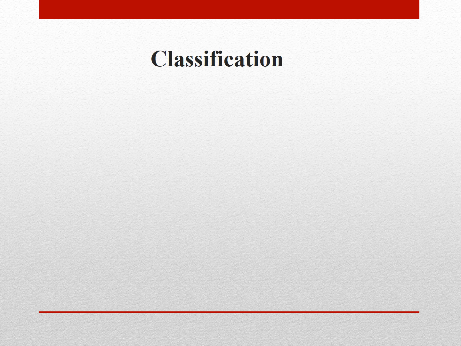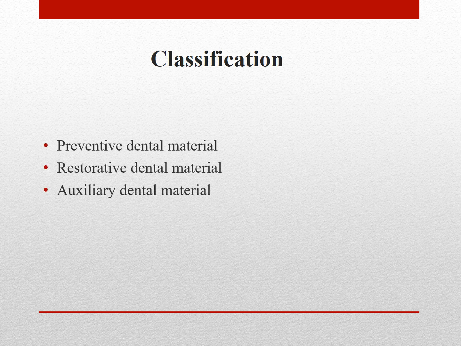So moving forward, we have classified dental materials on the basis of their use, which I was talking about in the last slide. According to the use, we have classified dental materials. If it is used as a source of preventive measure, it is called a preventive dental material. If it is used as a restorative, then it is called restorative dental material.